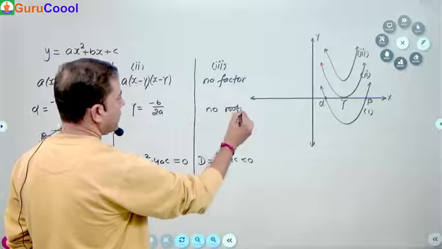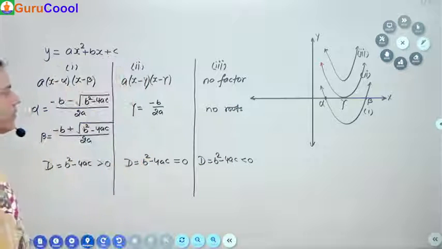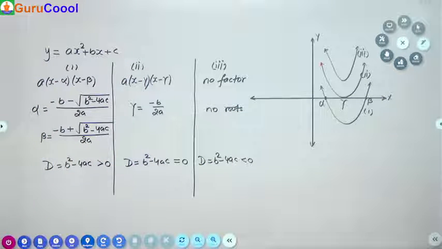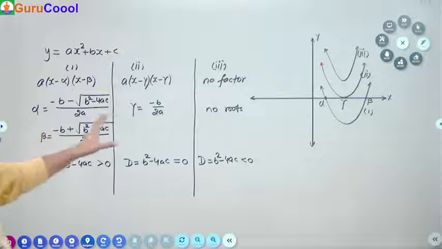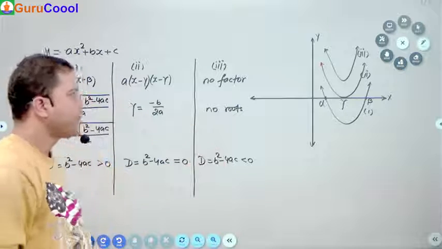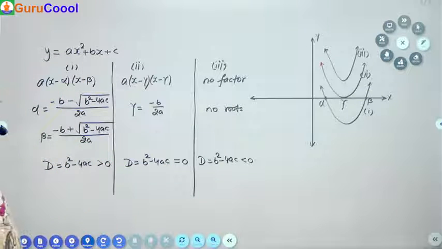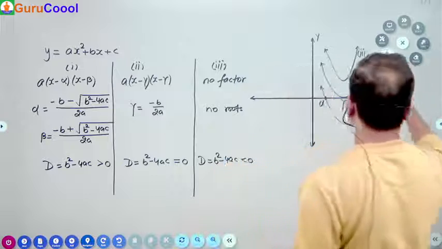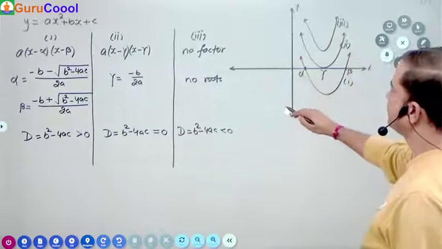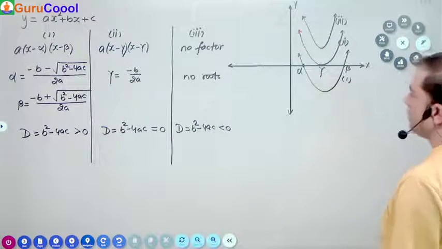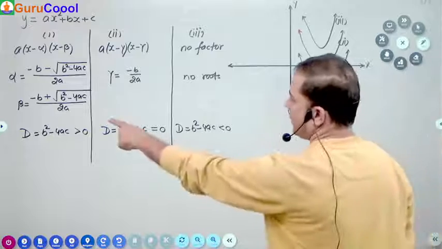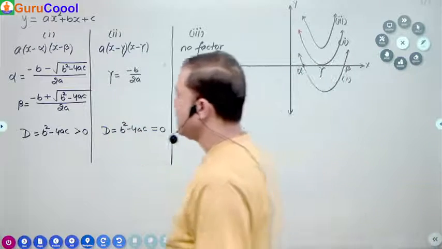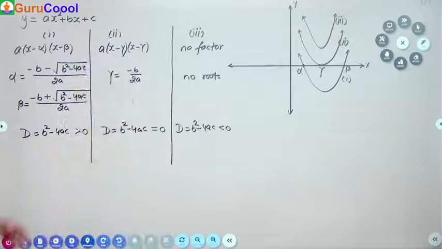No roots. So these are the various aspects of the quadratic function, graph of quadratic function. Apart from this, there are more facts about it. See, this alpha and beta in the first case can be rational or irrational, maybe integer as well.